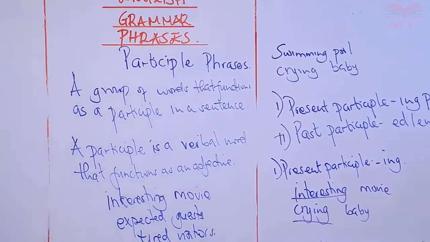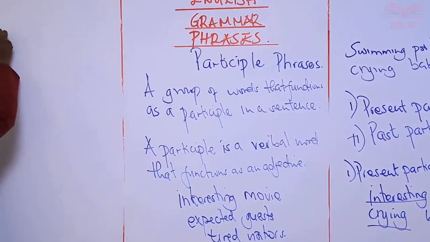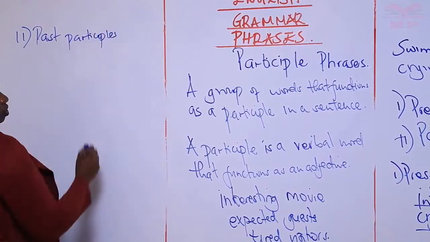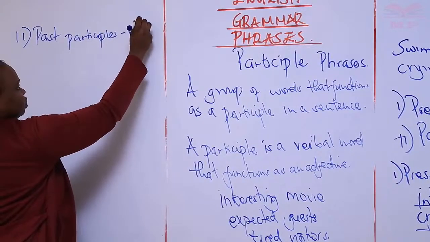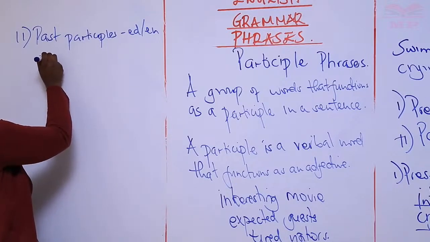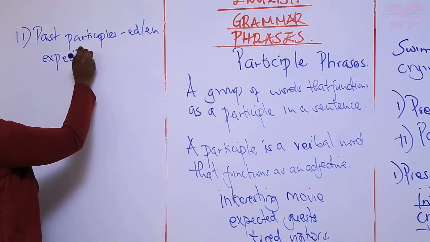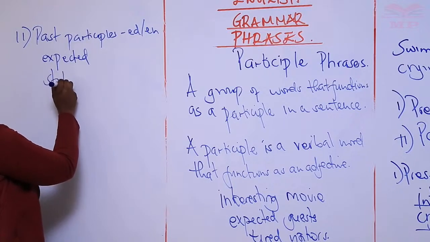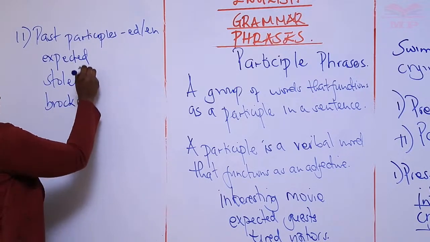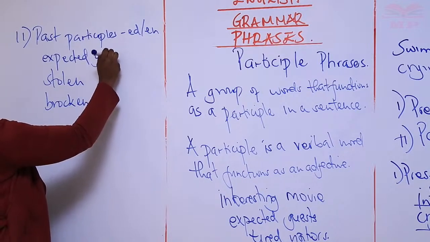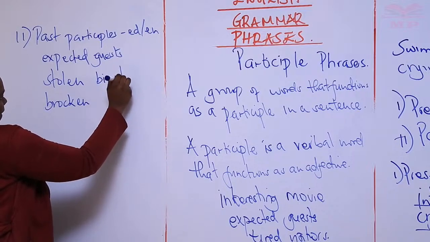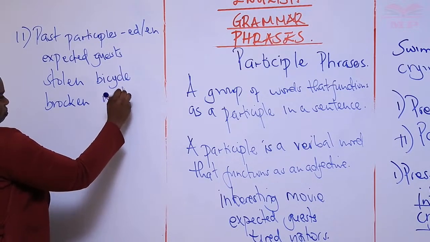And now past participles will be the ed stroke en ones. So we have expected, stolen, broken, so that we can have expected guests have arrived, the stolen bicycle, the broken window.